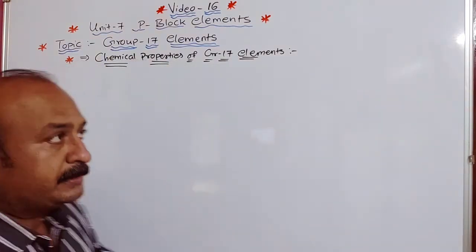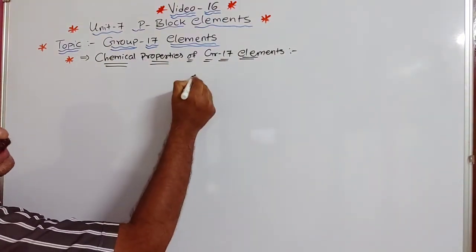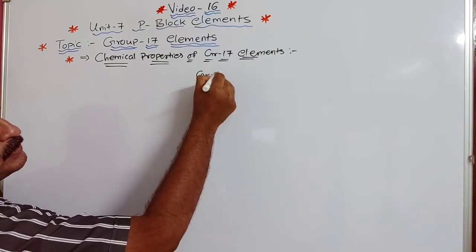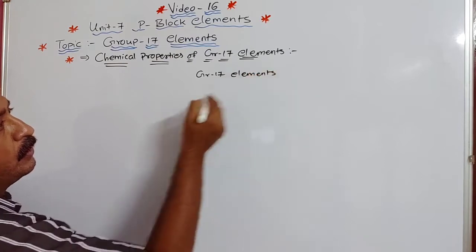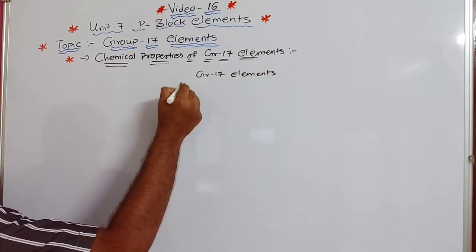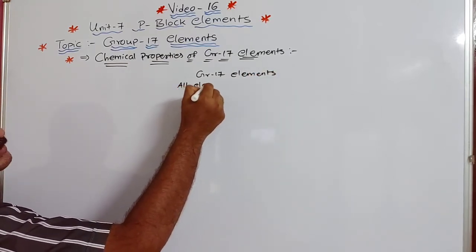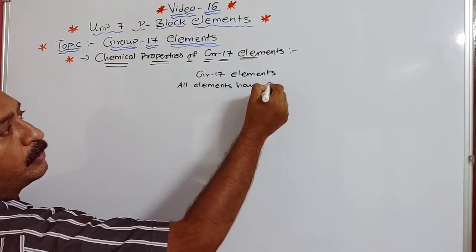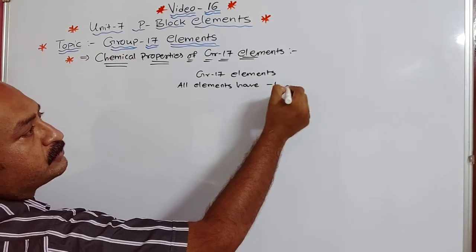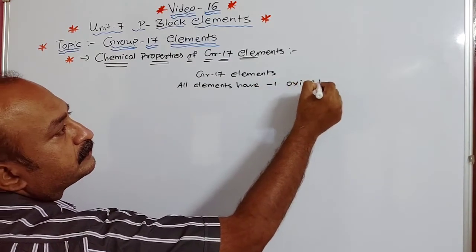So always remember that in group 17, all elements have -1 oxidation state.